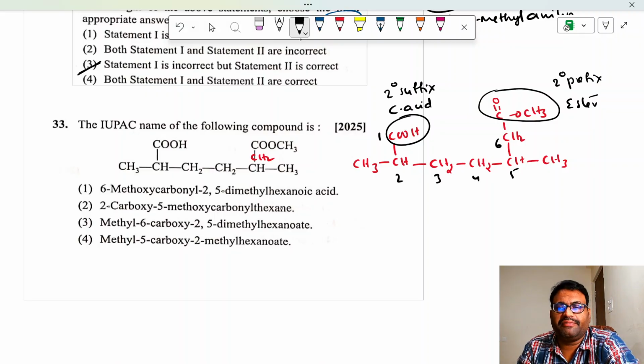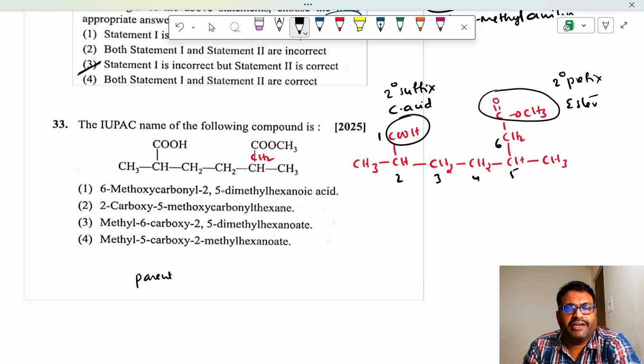This will be the numbering. So here is the parent chain.